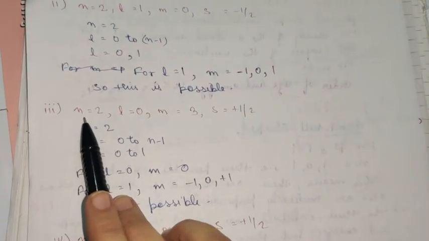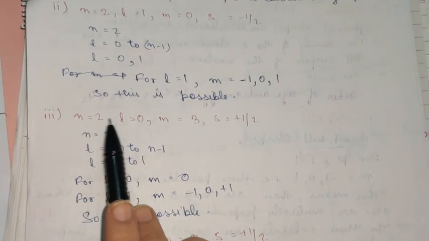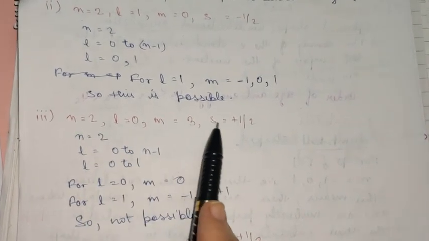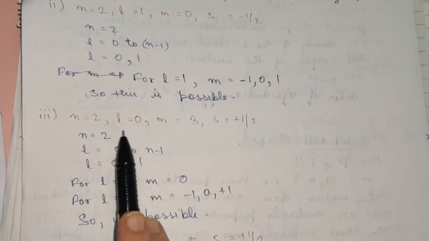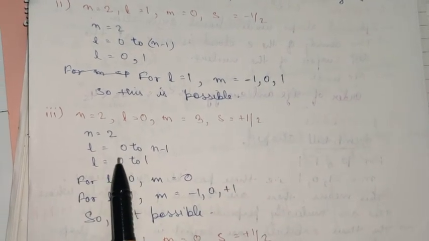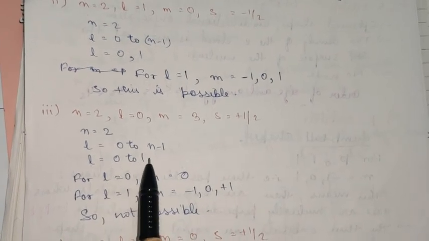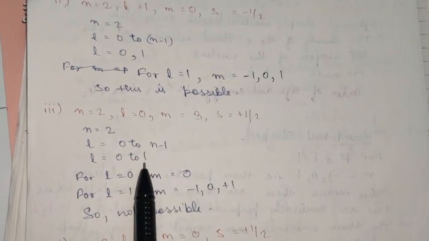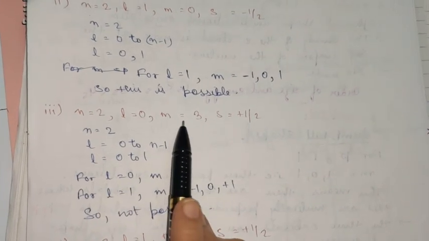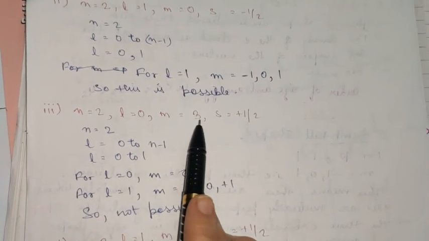Now coming to the third one, n equals 2, l equals 0, m equals 3, s equals plus half. N equals 2 means the possible values of l are 0 and 1, and the value of m can be 3. Is it 3?